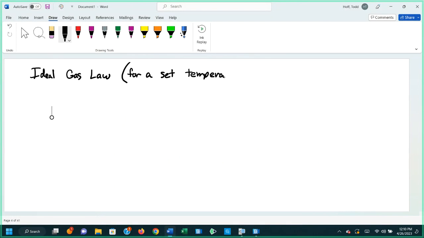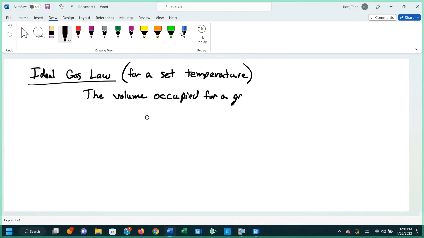If you're allowed to change the temperature, everything else here changes as well. So if we keep the temperature the same, the volume occupied of a gas is inversely related to the pressure.